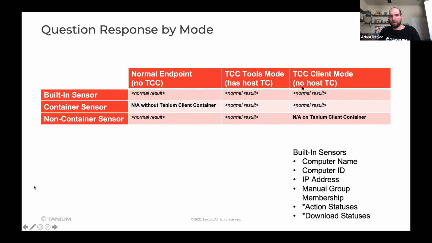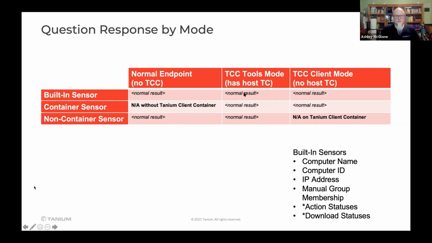And then when you're running in the TCC mode, so there's no TCC client mode, there's no Tanium client container on the host operating system, you're going to see not applicable on Tanium client container for any non-container sensor. That's just 2 points that you might be wondering why you're not seeing some data, and that's because you're running in one way or the other.